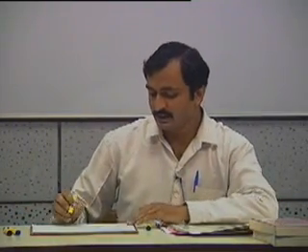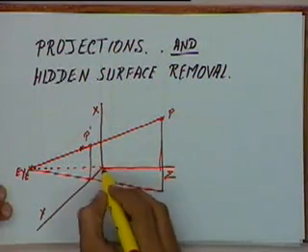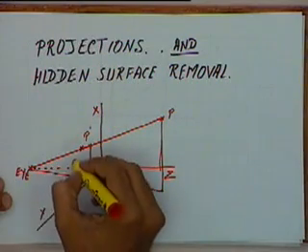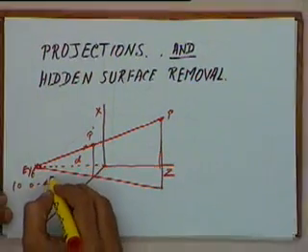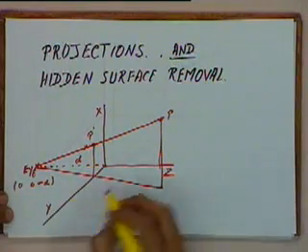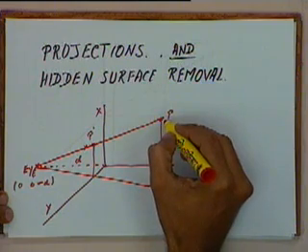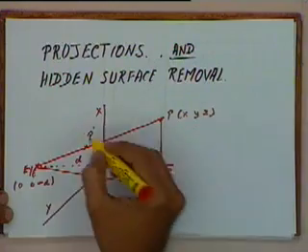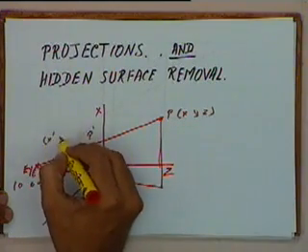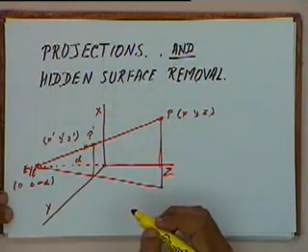In the last class we were talking about the perspective projection, and we had seen the case where the eye was located in the minus z direction at a distance of d, that is at the point 0 0 minus d. We had seen how we can transform any arbitrary point P, that is x y z, to a point P prime which is x prime y prime z prime.